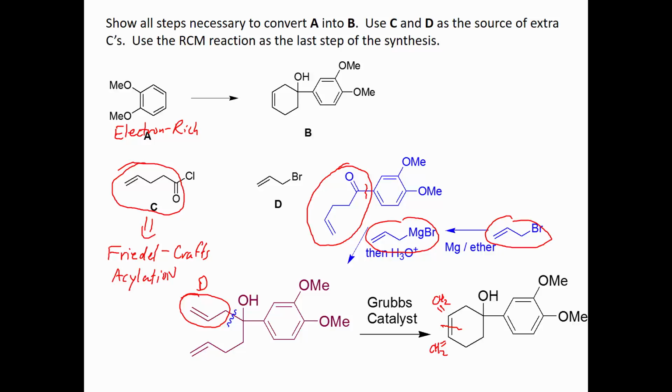So this should ideally be set up to do that very nicely, right? If we took compound A, compound C, and some aluminum chloride, we would expect to produce the compound that you see here.